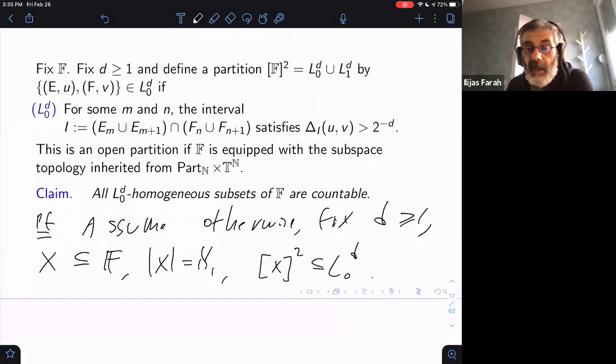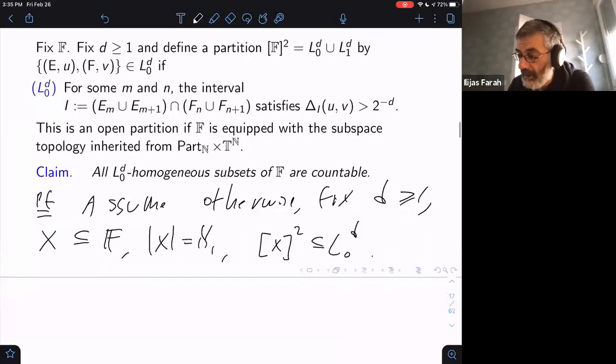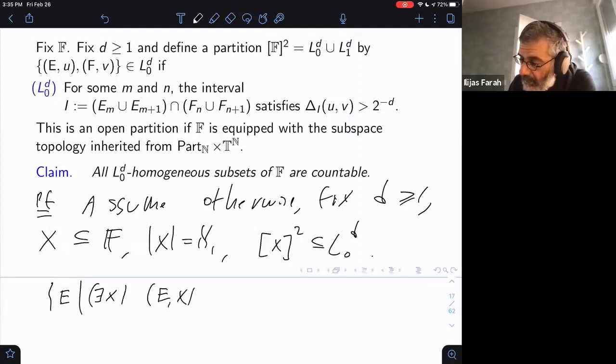All right. Now, all the work from the last class was exactly understanding what these sets look like. So look at the set of all E such that there exists an X, EX. Okay, maybe I should put this to avoid ambiguity so that you know which one is small x, which one is big X. So let's call this X0.